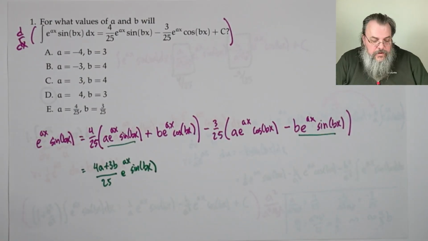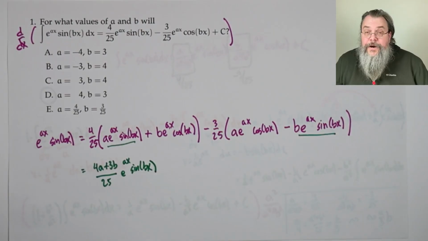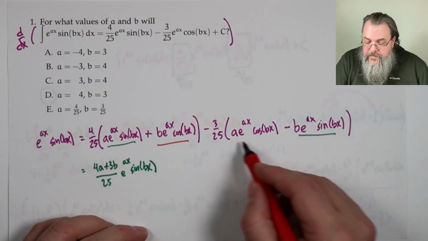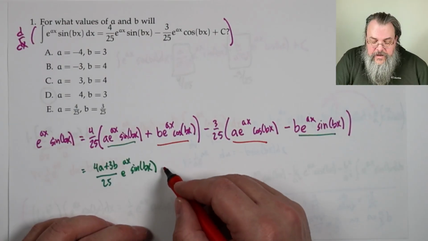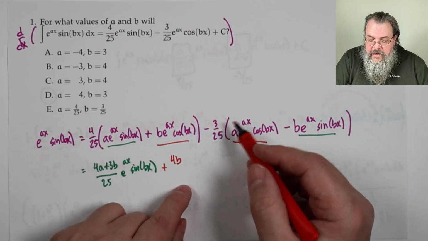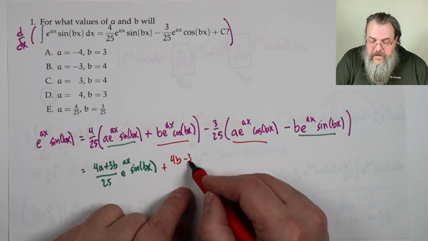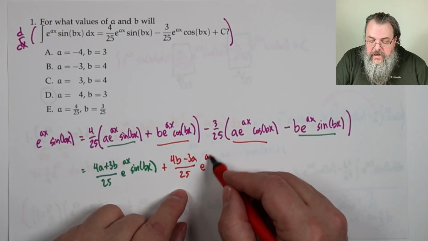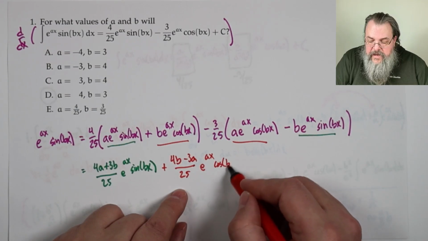And, well, same thing, but now with the cosines. Well, we have a cosine term there, cosine terms there. So we have plus, we'll have a 4b and a minus 3a over 25 e to the ax cosine bx.